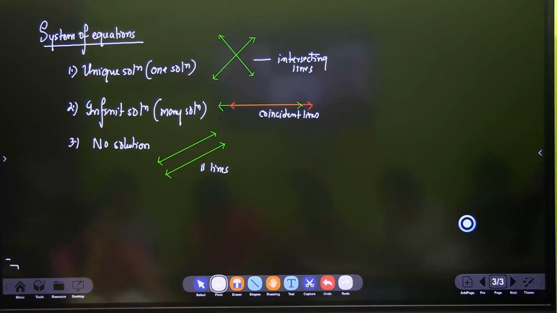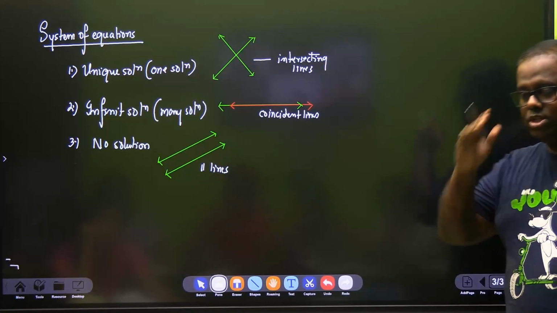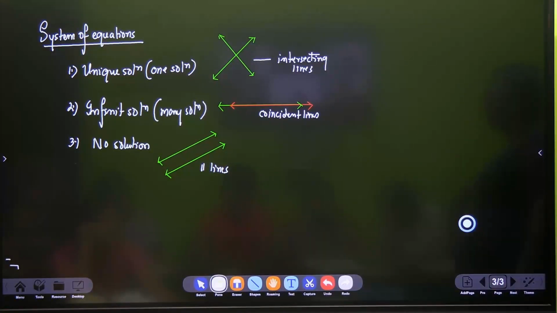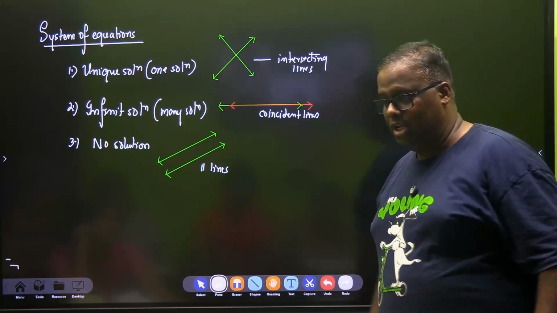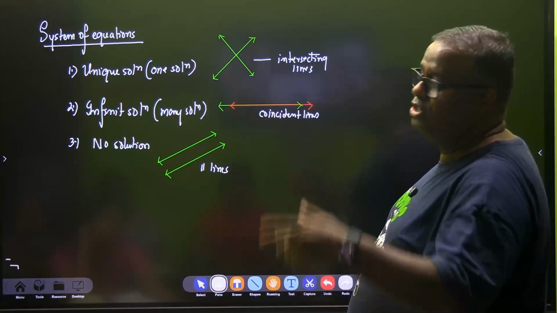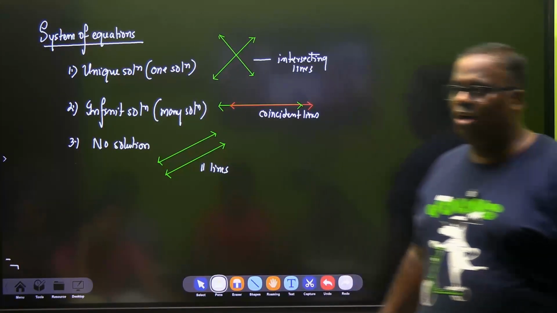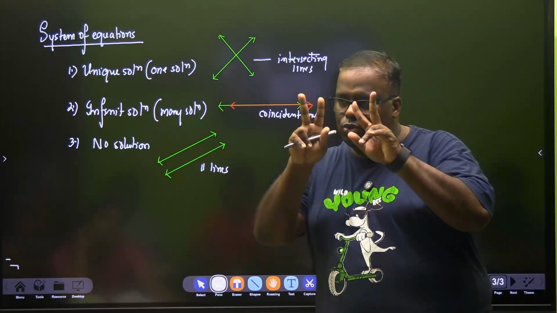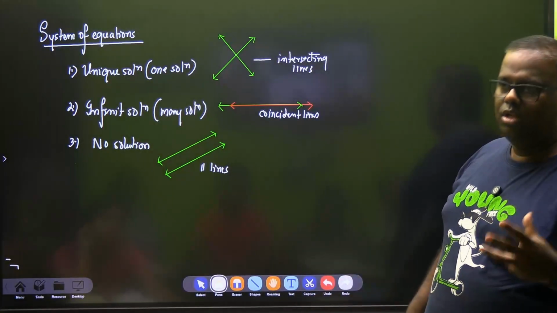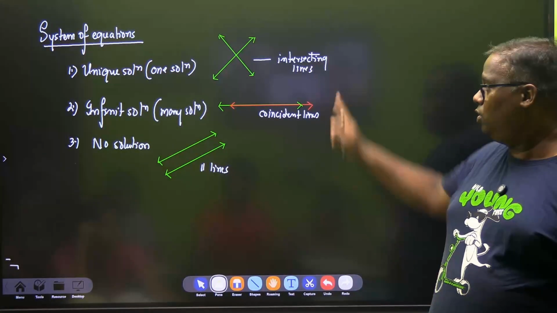See the three systems. Then you will find that in these three systems, there is one sort of equation where there is no solution, one sort of equation where there is solution. If there is solution, there is one solution or many solutions. Matlab, overall, we can again classify them under two heads. Solution, no solution. 1 and 2 have got solution.